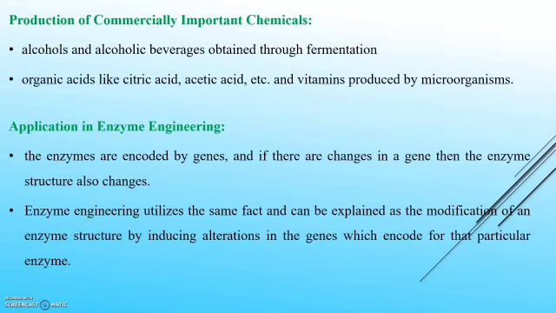It is also helpful in the production of some important chemicals, a few of them being alcohols and alcoholic beverages which are obtained through fermentation, and even organic acids like citric acid, acetic acid, and vitamins may be produced by microorganisms by use of this recombinant DNA technology.